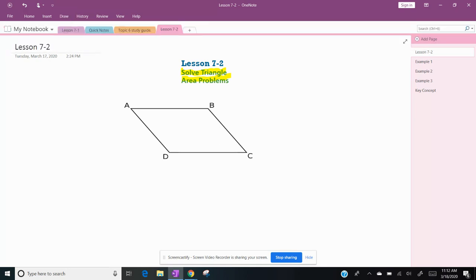But first, I have a parallelogram in front of us. It's parallelogram ABCD. And if we want to find the area of this parallelogram, based on the last lesson, we would do area equals base times height.